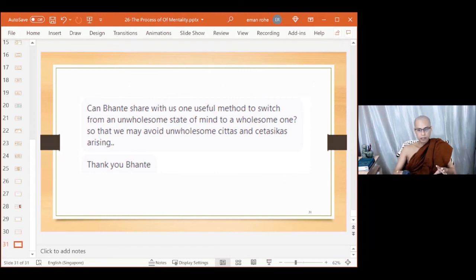Then we try to change the way of thinking, accepting the situation more. This is not only his fault. In the past, something happened like this, and considering that, we find a solution to reduce the level of unwholesome.